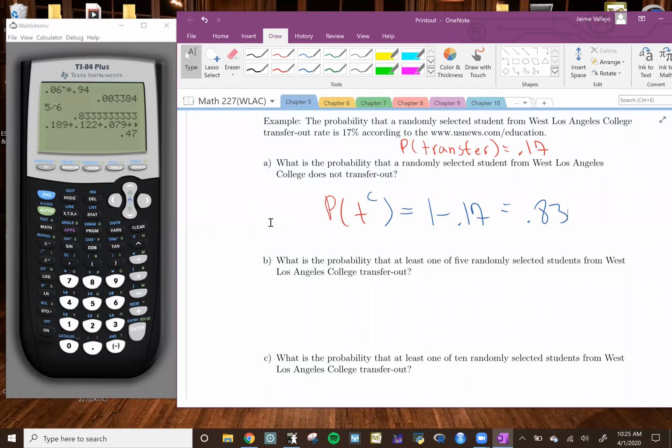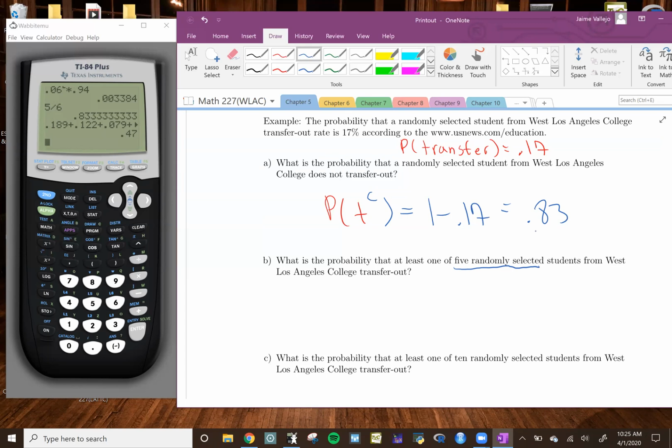For 5. Yeah, 5. Perfect. So we're doing this for 5 randomly selected students, and that's why we're using the multiplication rule.